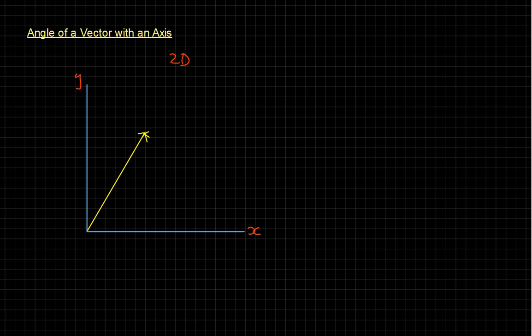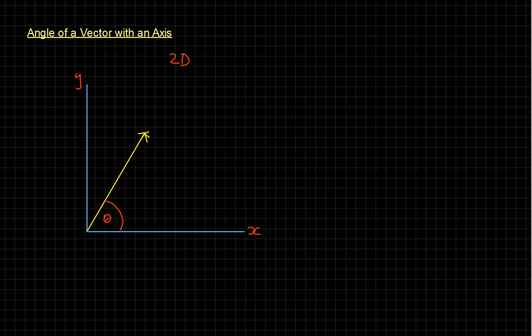And if I ask you the question, what angle does that vector make? I mean, that statement itself is a bit ambiguous, so you need a convention. The convention we're going to go with is with the x-axis. So let's put an angle there, and we tend to call this theta, and that's it. That's the value.